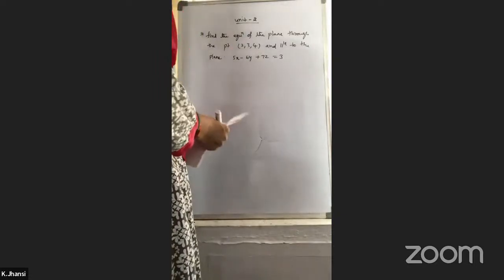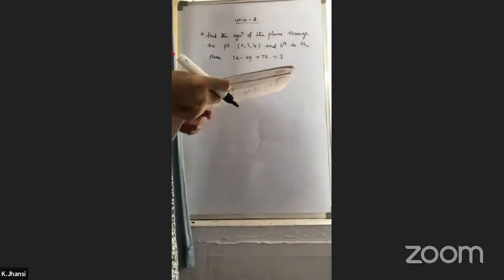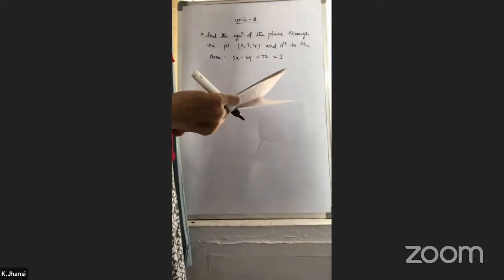Okay, this is the plane. So we have to find the equation of the plane which is passing through the point and parallel to the given plane equation.